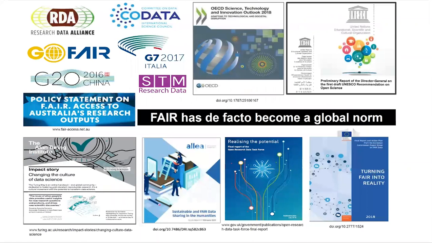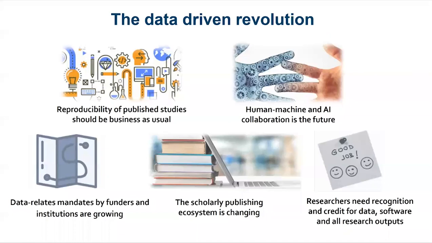That's why it's been widely adopted by publishers, by funders, by all stakeholders at academic and industrial level, so private and public sector, by consortia worldwide, by big organizations. It has really become the norm of the norm, and the norm that has brought together all this community around good research data management. And this is great news for many of us who have been working on research data management for many years.